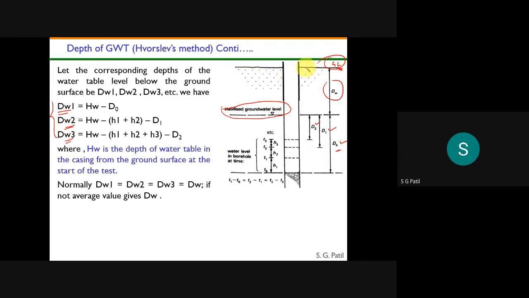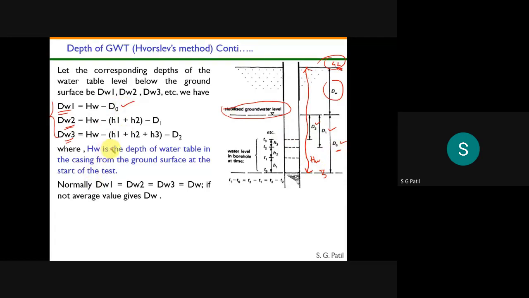When you started the experiment, what was the depth of the water table? When I started the experiment, this was the depth of the water table, so this is my HW. DW is nothing but HW minus D0.